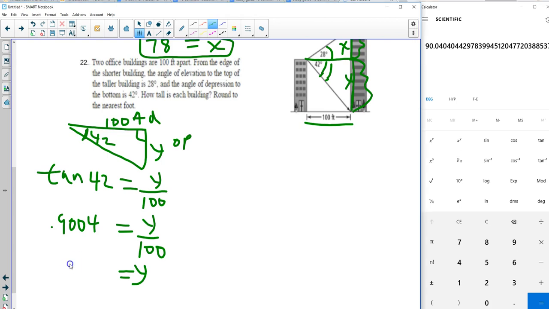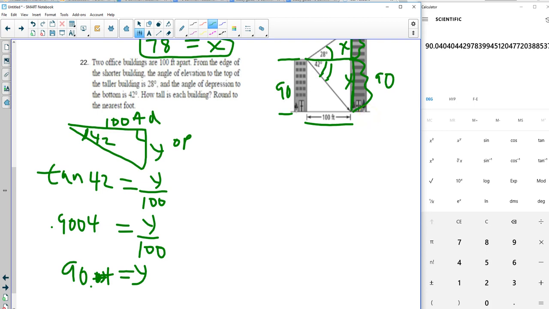So it'll be 90.04. But the problem said to round to the nearest foot. So we scratch that off. The height of this building here is 90.